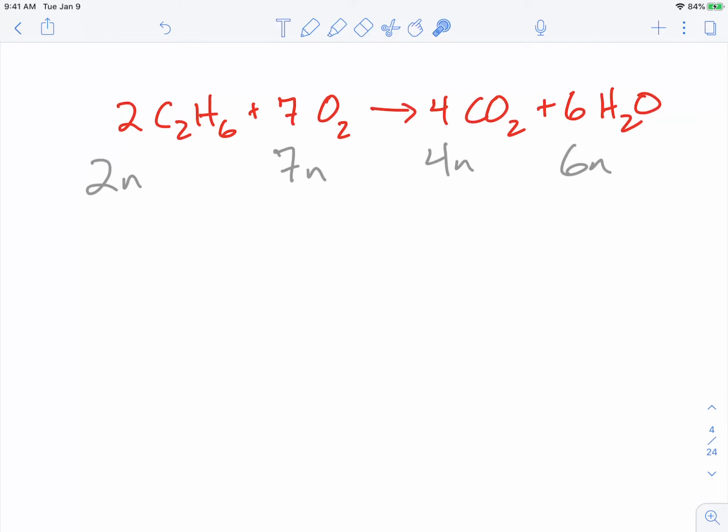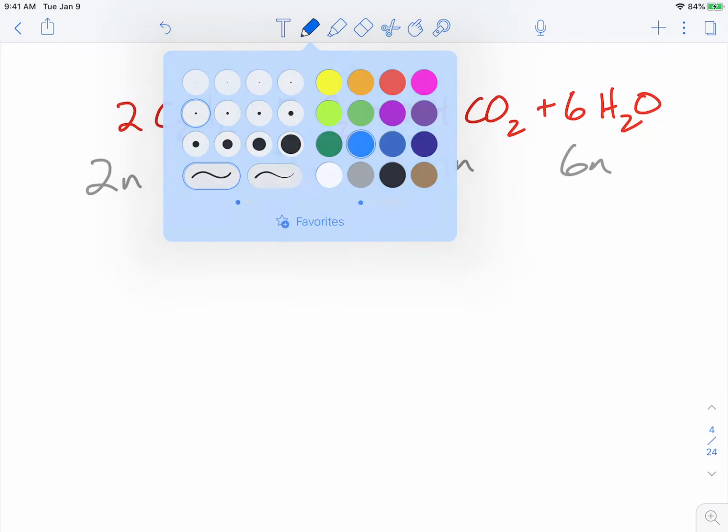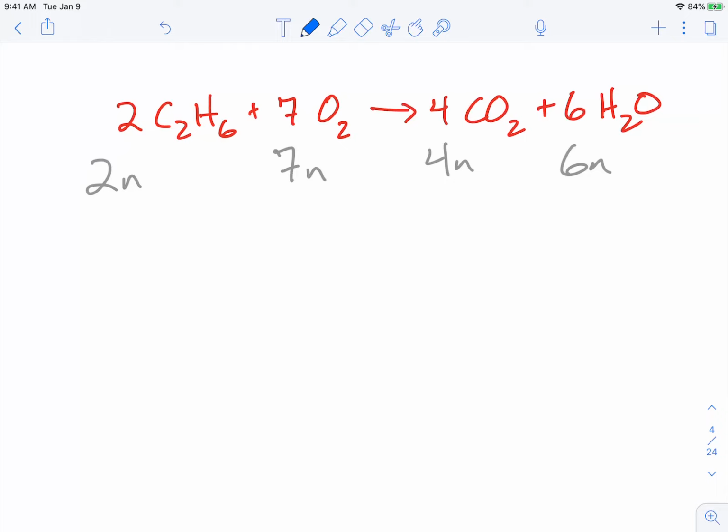So one of the things we'll learn about is that I've got scales, I've got balances, and I need to know how much I would weigh out of each of these chemicals. So if I wanted to think about these, I could convert these moles into grams. And so what I would use is my periodic table, and I would use the molar masses to be able to figure out what I have.